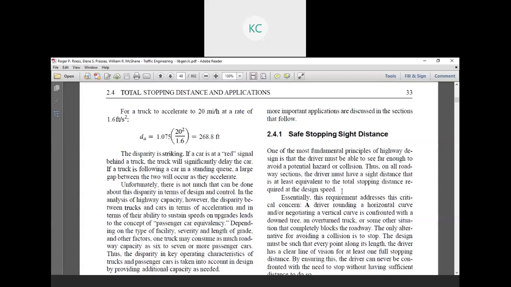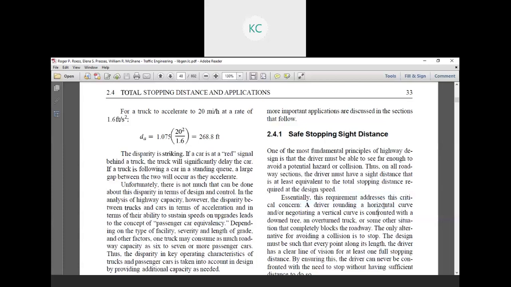So stopping sight distance is related to the design speed as well as the design vehicle. The stopping sight distance provides the driver a sight distance so that he can stop a vehicle without any collision at the design speed.